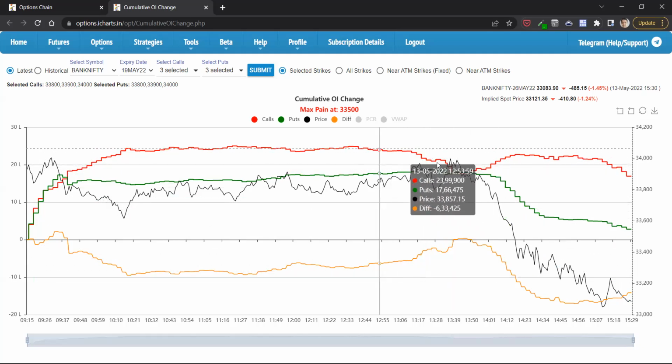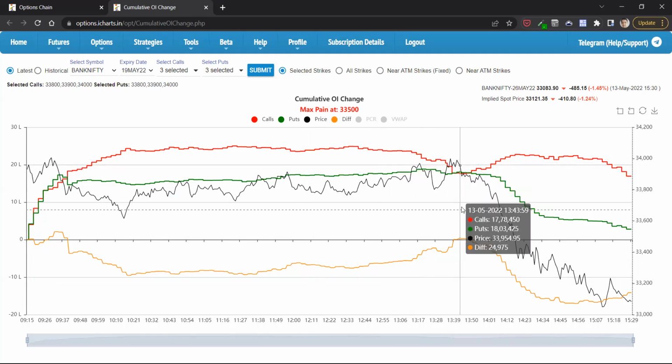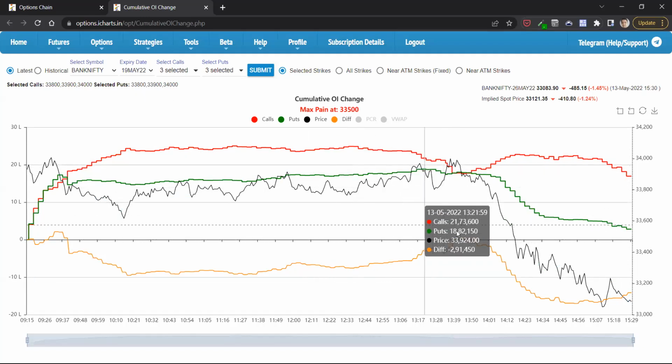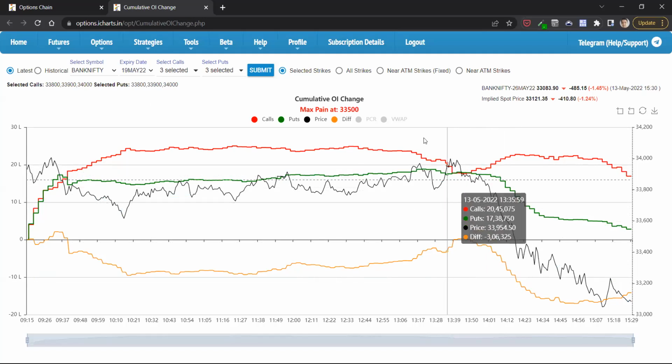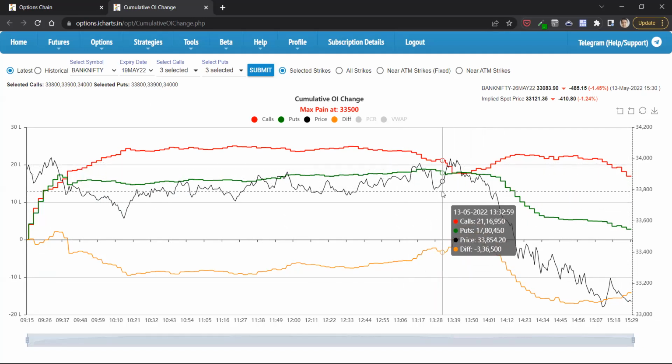The divergence is not there basically, so even in this case it was not giving the correct picture. So as you said, even for near strikes it was not giving it. Let us finish this, and we'll check in other tools also if we can get some clues on it.